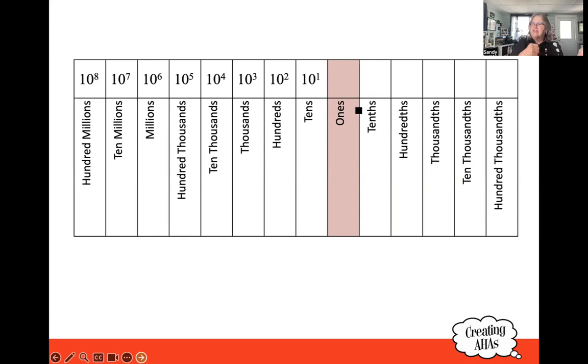Now, look at the pattern going the other direction. We're going 8, 7, 6, 5, 4, 3, 2, 1. So what is the ones place? What's the exponent for the ones place? It's helpful to start with the tens when we're developing exponents and going up, and using patterning to decide what the ones place is. There's your 10 to the 0th. Keep going to the right of the decimal point. We've got 10 to the negative first, negative second.